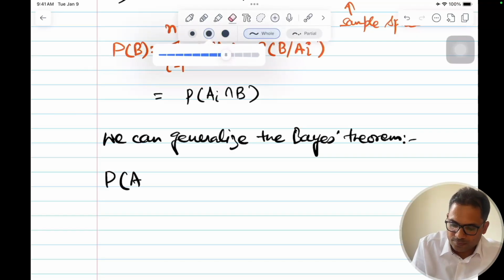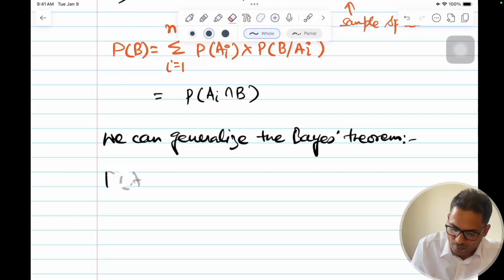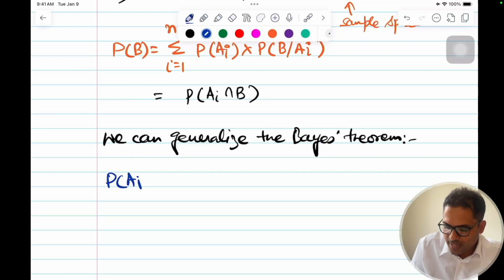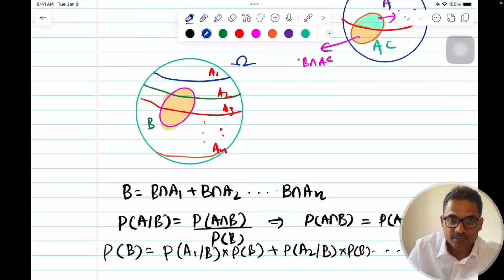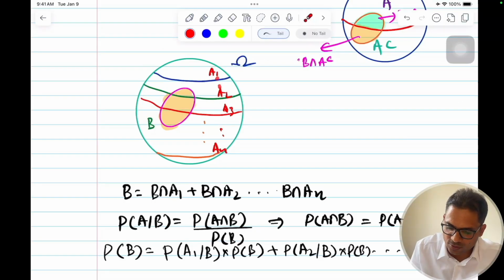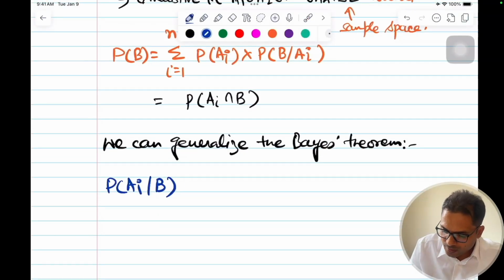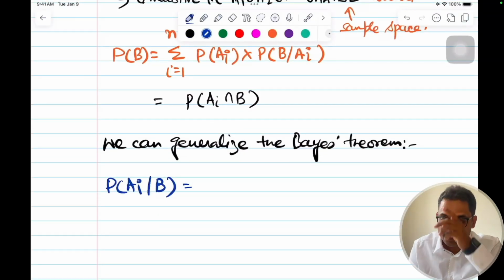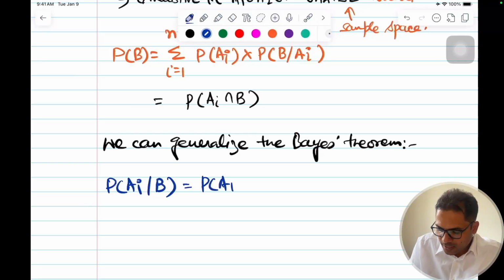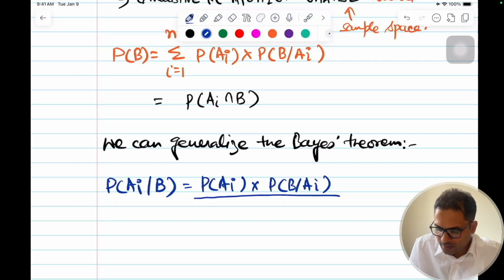Probability of Ai given B, where i belongs to 1, 2, 3, 4, up to n, is equal to probability of Ai into probability of B given Ai, by the summation over j equal to 1 to n.